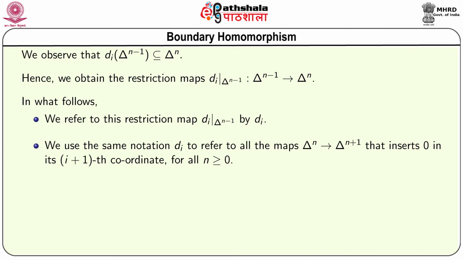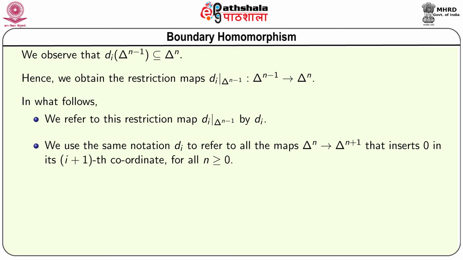Also, irrespective of which n we are taking, d_i will stand for maps from delta n to delta n plus 1.